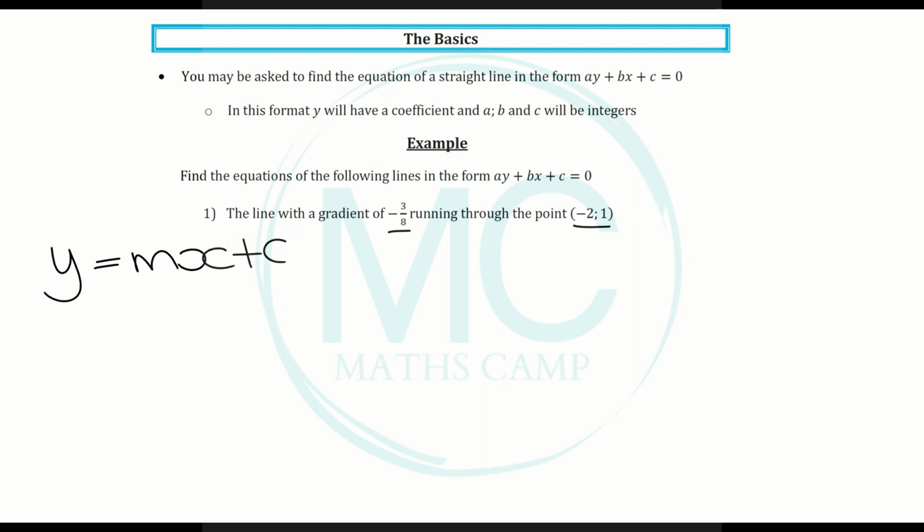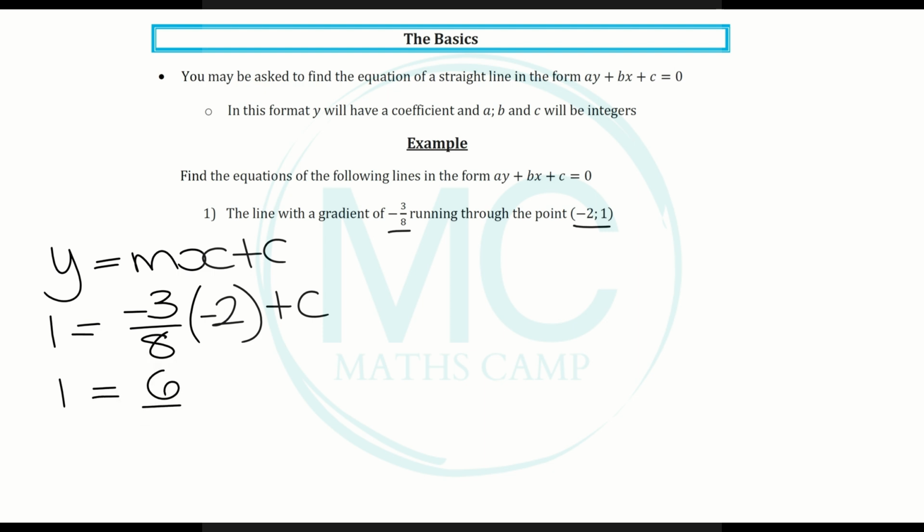We have a y coordinate of 1 is equal to the gradient m, negative 3 over 8, multiplied by the x coordinate, negative 2, plus c. Now we have 1 is equal to positive 6 over 8 plus c.